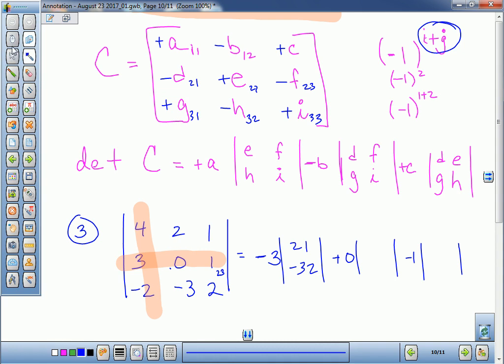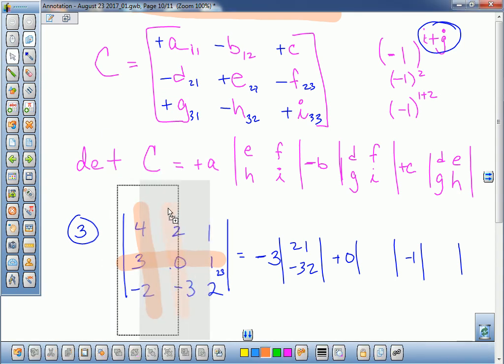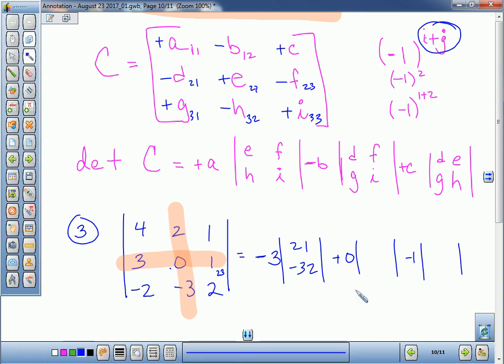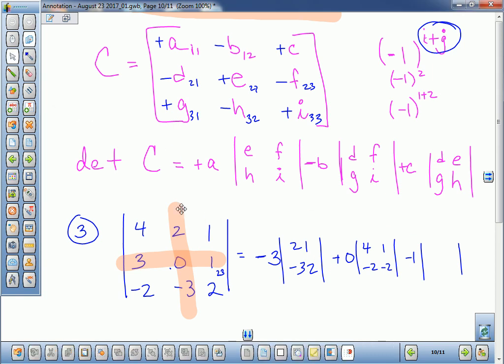Okay? Now the 0 doesn't really matter, does it? No. I'm not even going to write it. Okay, yes I am. It really doesn't matter what it is because it's 0 times that. So we're not actually going to determine what that is algebraically.